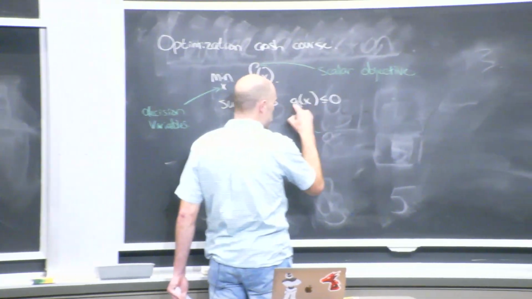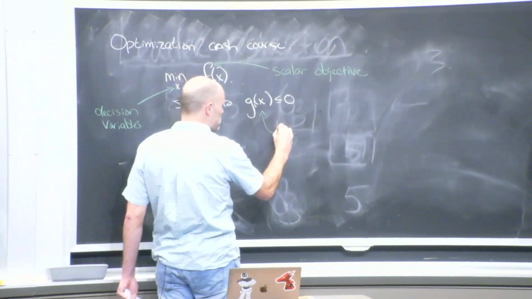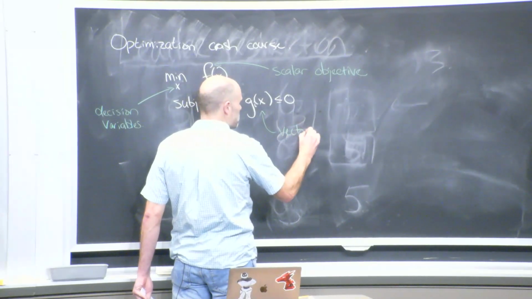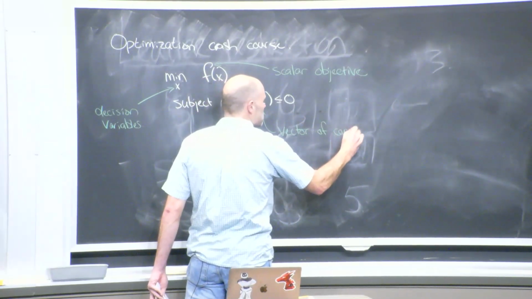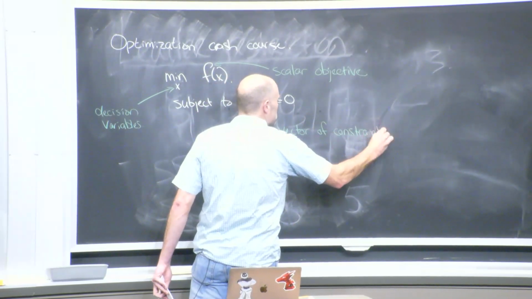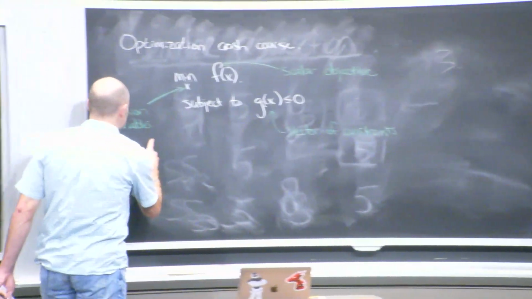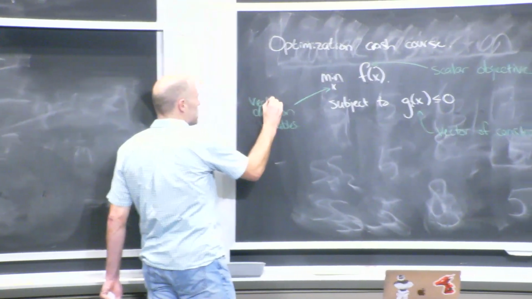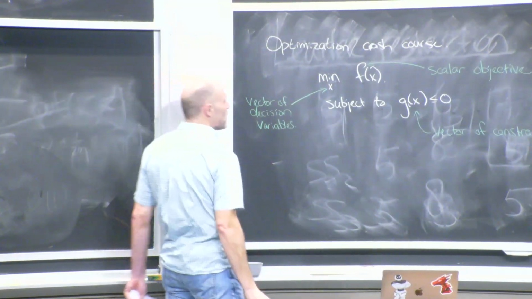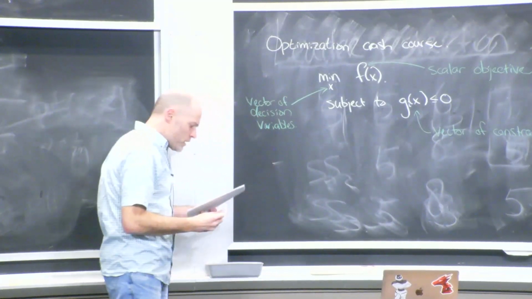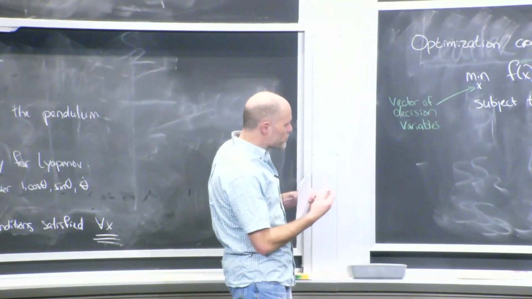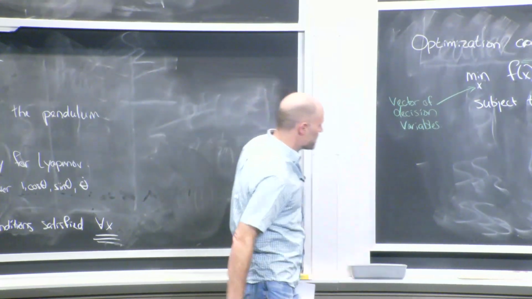Each one is a constraint, and we can in general have a vector of these constraints. This is a vector of decision variables. And in general, that optimization is arbitrary.